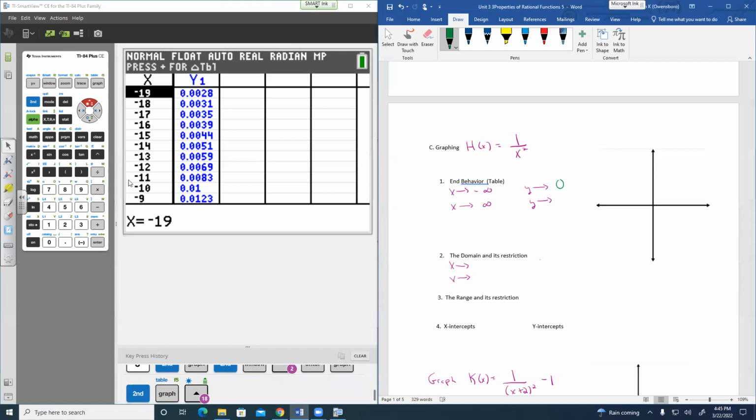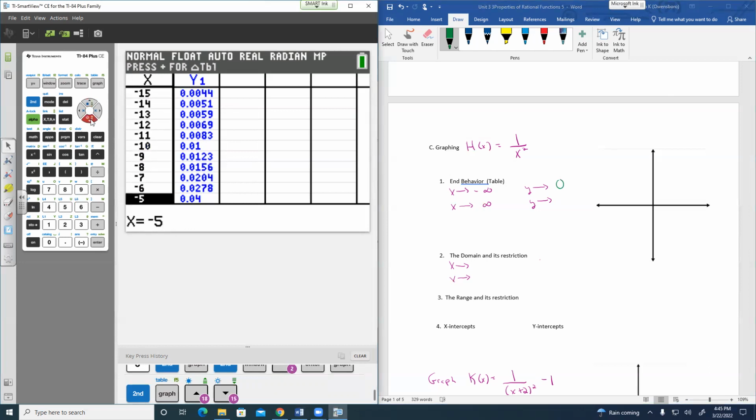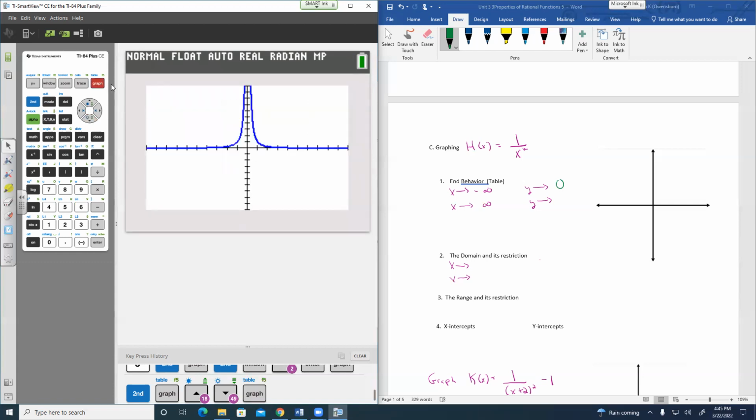Similarly, as I move to the right and my x's get bigger and bigger, the same thing is happening. Your y values are getting closer and closer to 0. In other words, they're getting closer and closer to the x-axis. So as x is approaching infinity, y is getting closer and closer to 0.